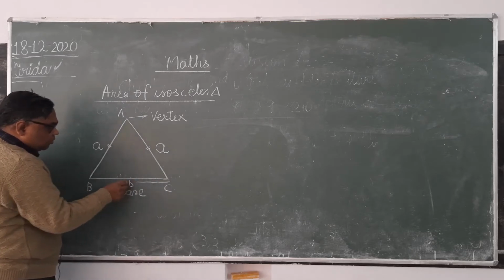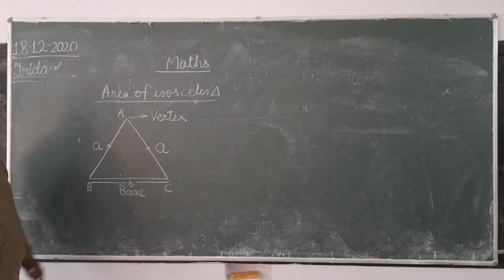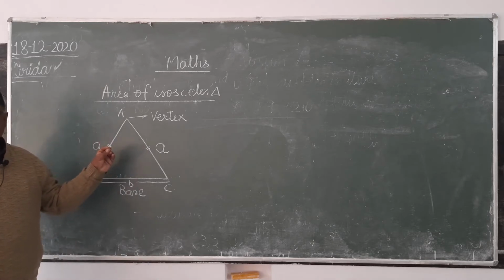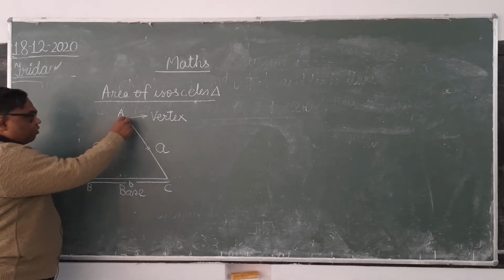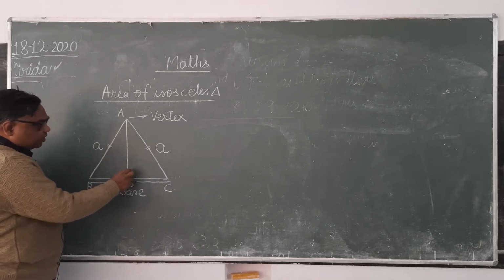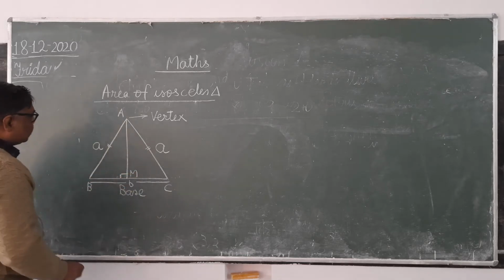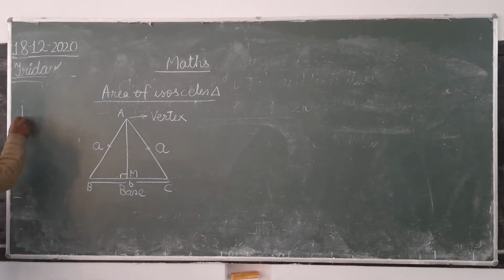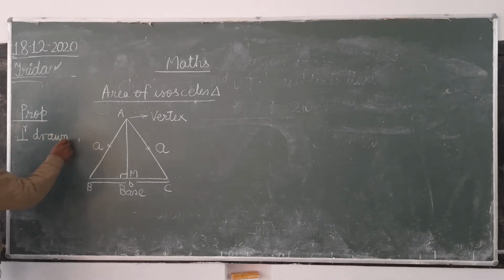Its length is B. So here also there is one property: the perpendicular drawn from the vertex on the base bisects the base. This is the property of an isosceles triangle.